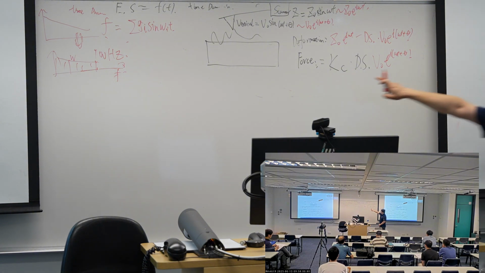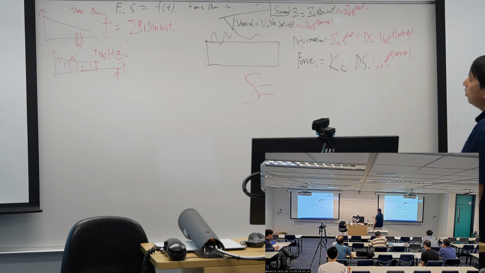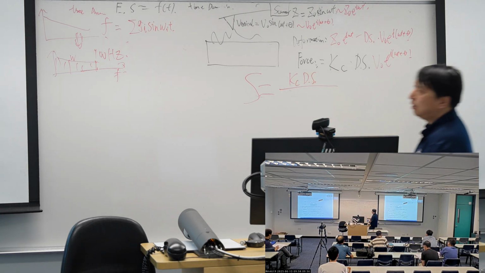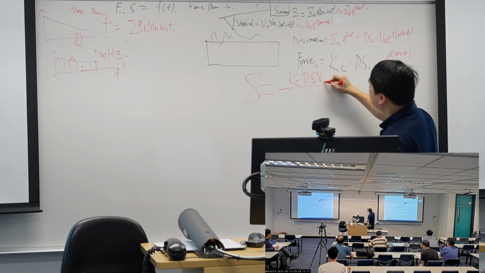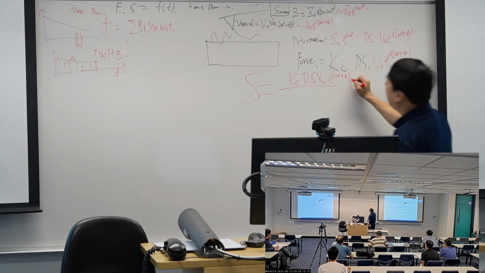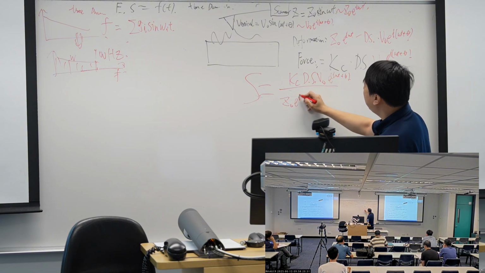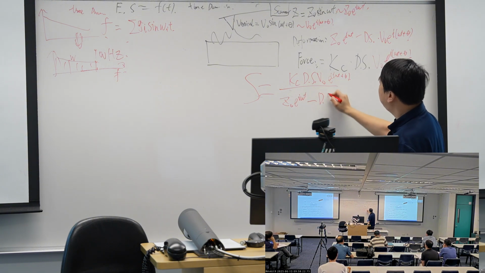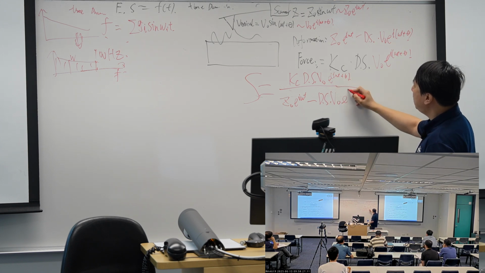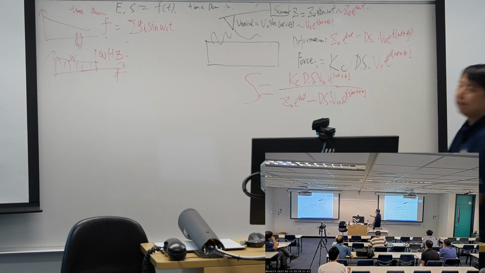And then we have force, we have deformation, so our stiffness is out. It's just Kc times deflection sensitivity times V0 e^(i(omega t plus theta)) divided by Z0 e^(i omega t) minus deflection sensitivity times V0 times e^(i(omega t plus theta)).